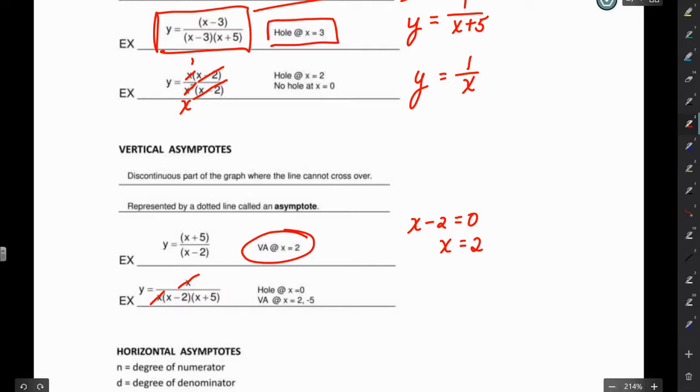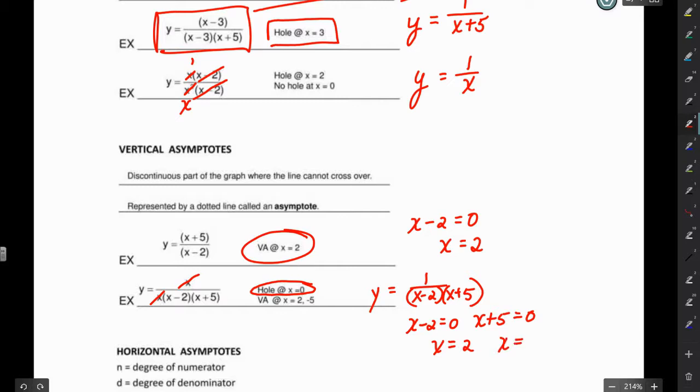That means that I'm going to end up with y equals 1 over x minus 2 times x plus 5. I can't forget that I did have an x originally in the denominator, so I have a hole at x equals 0, and I have vertical asymptotes at the zeros of the new denominator, so I would say x minus 2 equals 0 and x plus 5 equals 0. So I have a vertical asymptote at x equals 2 and at x equals negative 5.